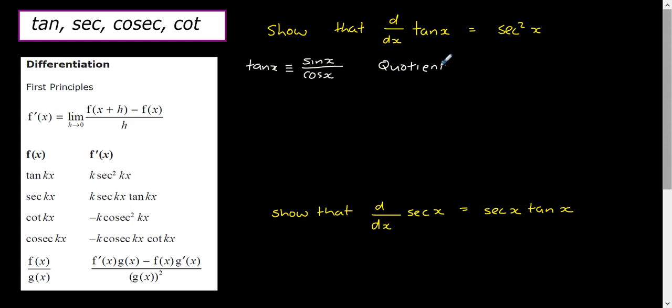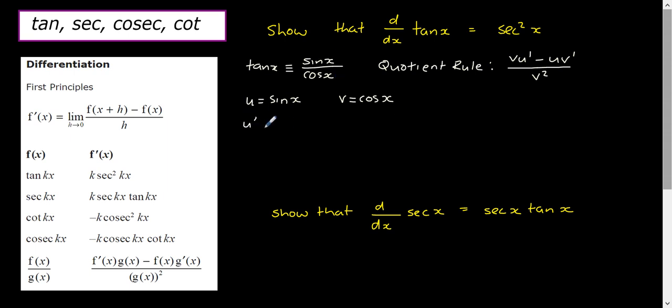So let's write our quotient rule just down here. We've given it down here, but we know it by a slightly different way. So we learned it as v du minus u dv all over v squared. And now we have to write down what our u and our v are. Remember, from the quotient rule, the u is the numerator, so we can say that u is sine x, and we've got that v is cosine of x, u divided by v.